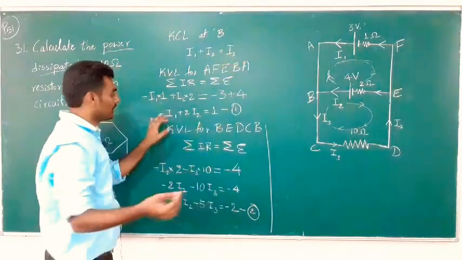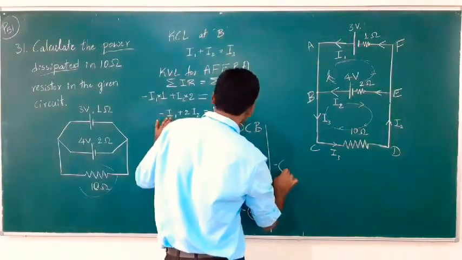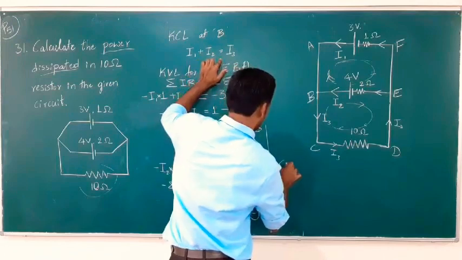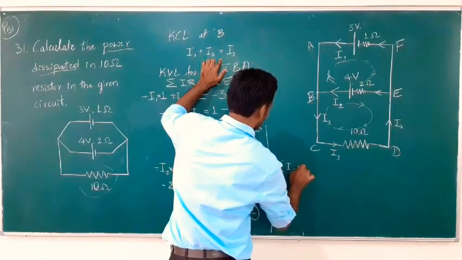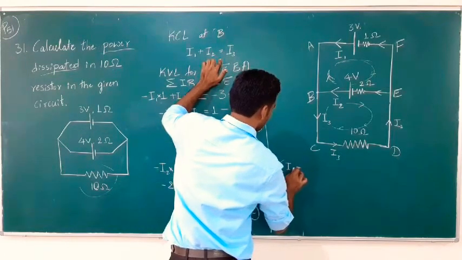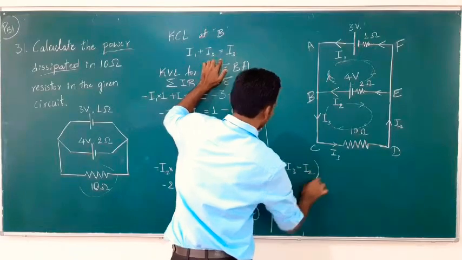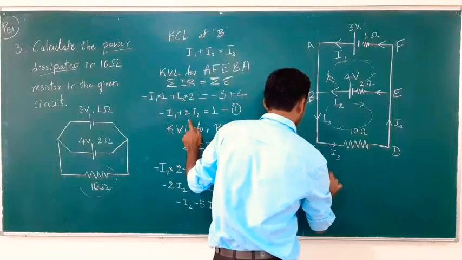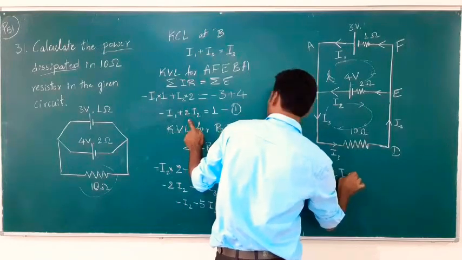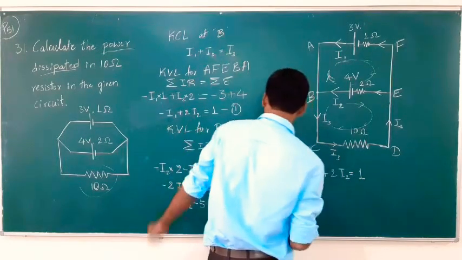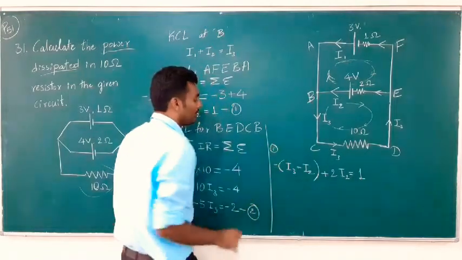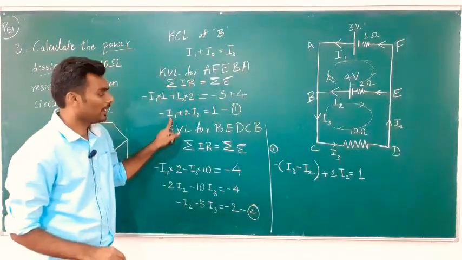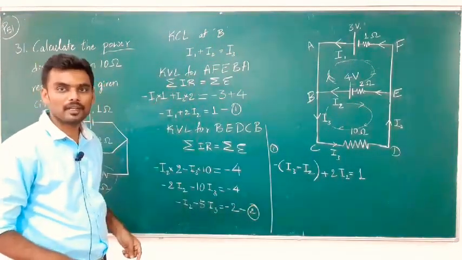So it is minus of, instead of I1, I'll write I3 minus I2, plus 2I2 is equal to 1. This is the equation 1 where I replaced I1 by I3 minus I2.